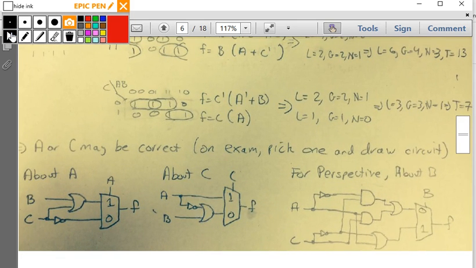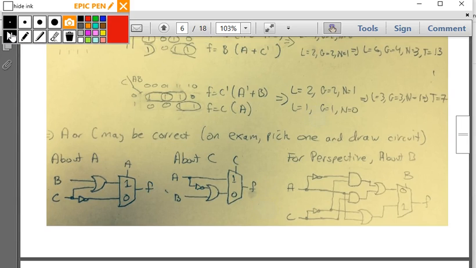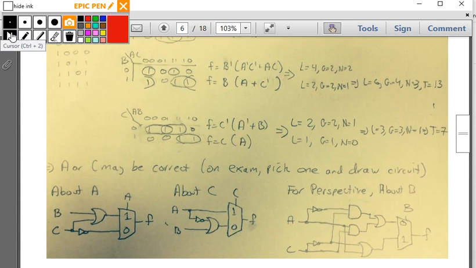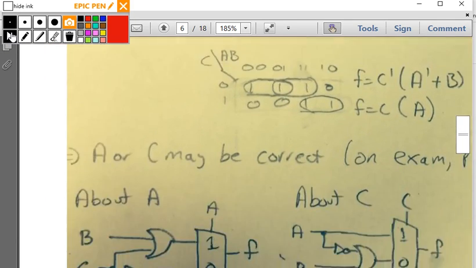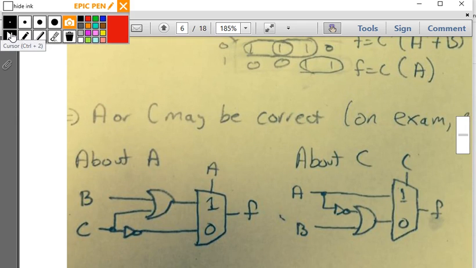So here, the next thing, I've drawn out all 3 circuits, and you can make a comparison as to which circuit you think is best. By drawing out each of these circuits, let me zoom in on A first. So this is the A circuit. So here it's just C naught goes into 0. For 1 it's B or C, right?